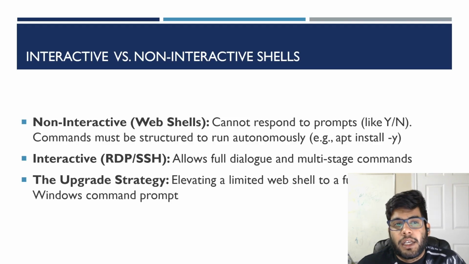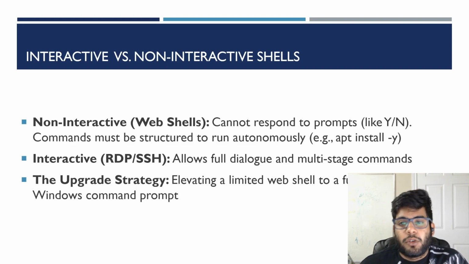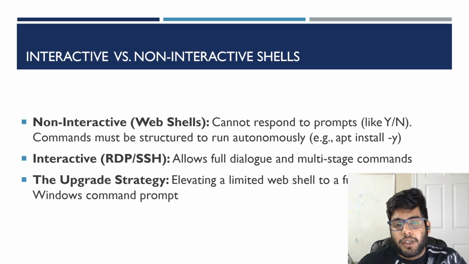But right now, through the web server, we only have a non-interactive shell, which means a one-way talk. Let's say a computer prompts you with "are you sure?" and we have to reply to a command, for example sudo apt install a package.